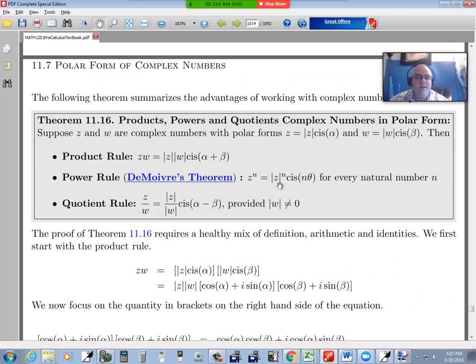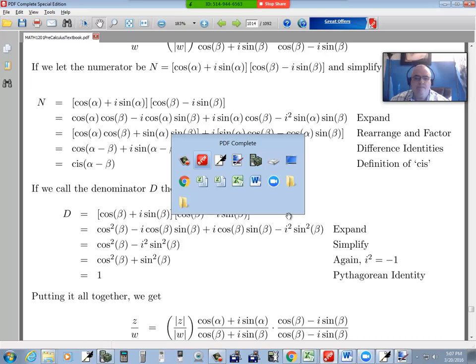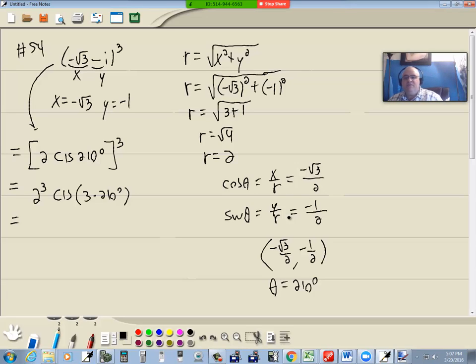Okay. Yeah, take the absolute value and then raise it to the power. Yeah, I was right. Okay, which means 2 to the third is 8. Then CIS, multiply 3 times that gives us 630 degrees. Typically, we want that in our unit circle from 0 to 360.